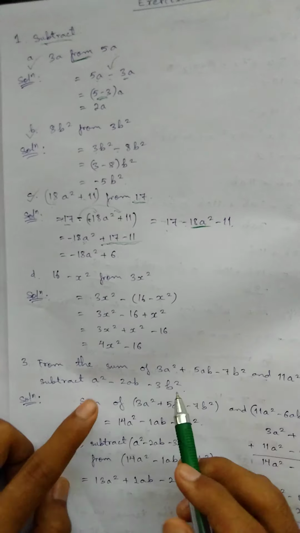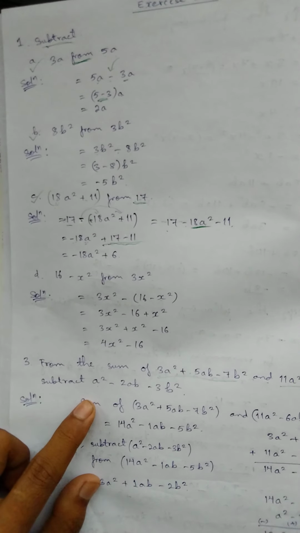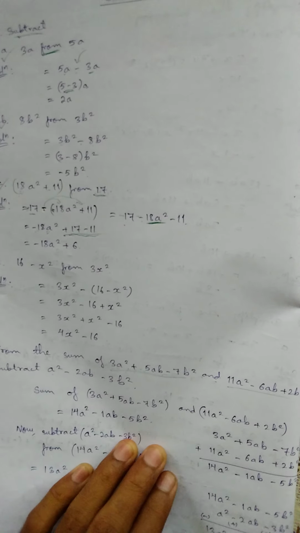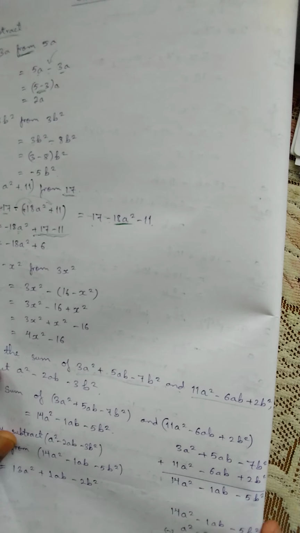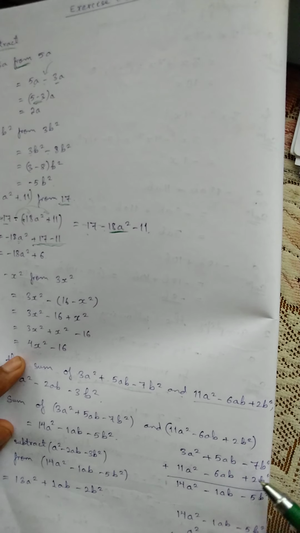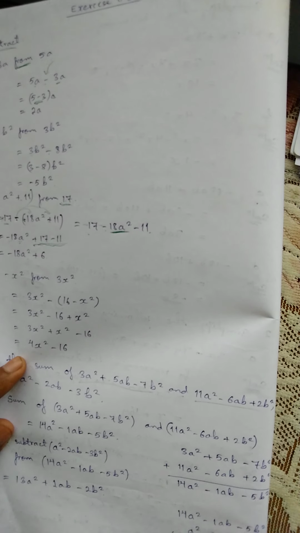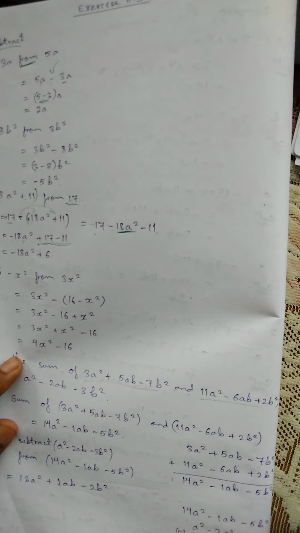So first let us sum up these two expressions. We add them. I'll show you in the rough side. First, what I write here is 3a² + 5ab − 7b².